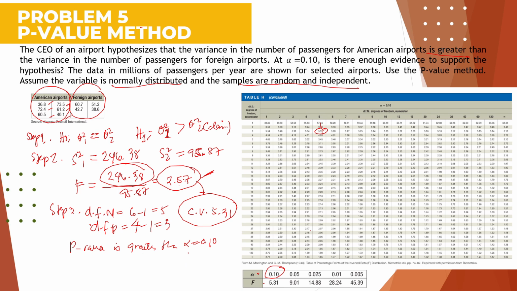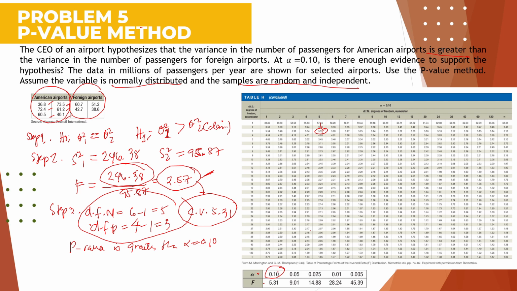Let's go back here. Our F value is 2.57, and we get the numerator and denominator degrees of freedom of 5 and 3, and we get that the critical value is 5.31. If you look at the condition here, when the F value is getting smaller, the alpha is getting bigger.